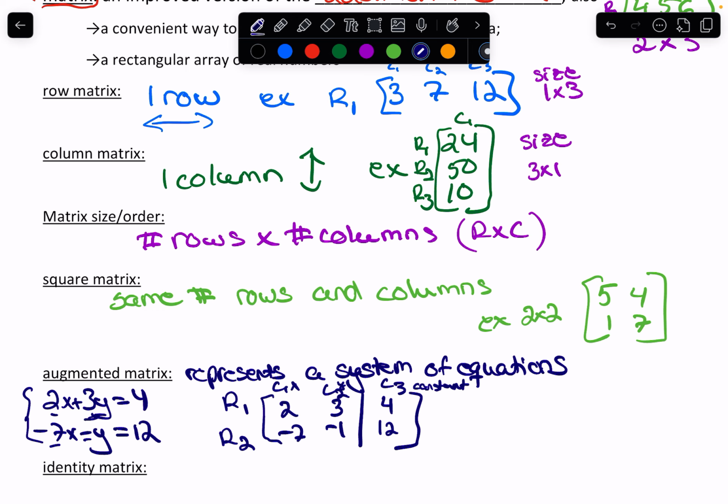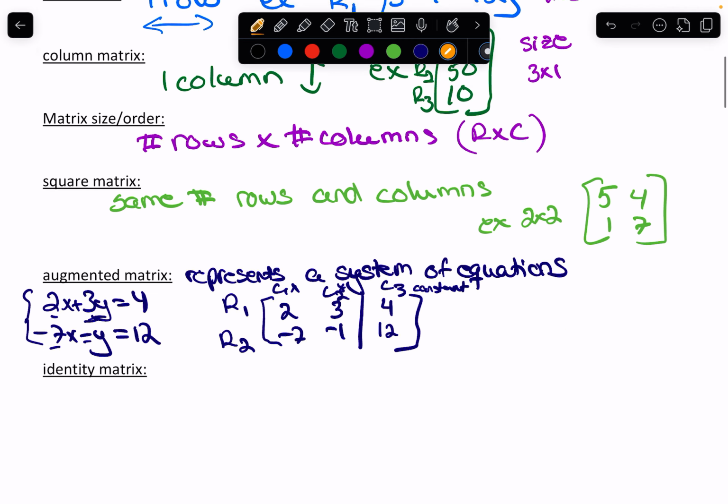Okay, next we're going to look at the identity matrix.